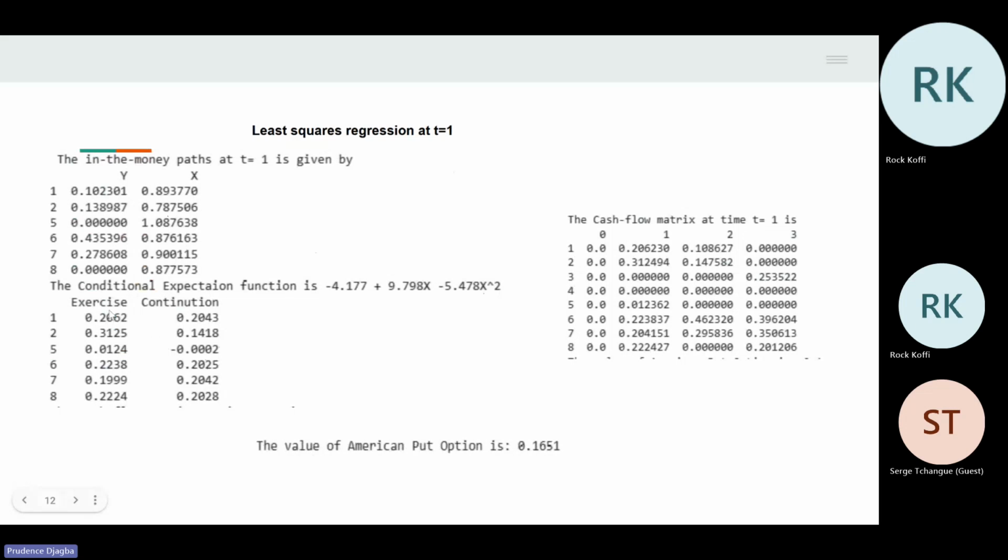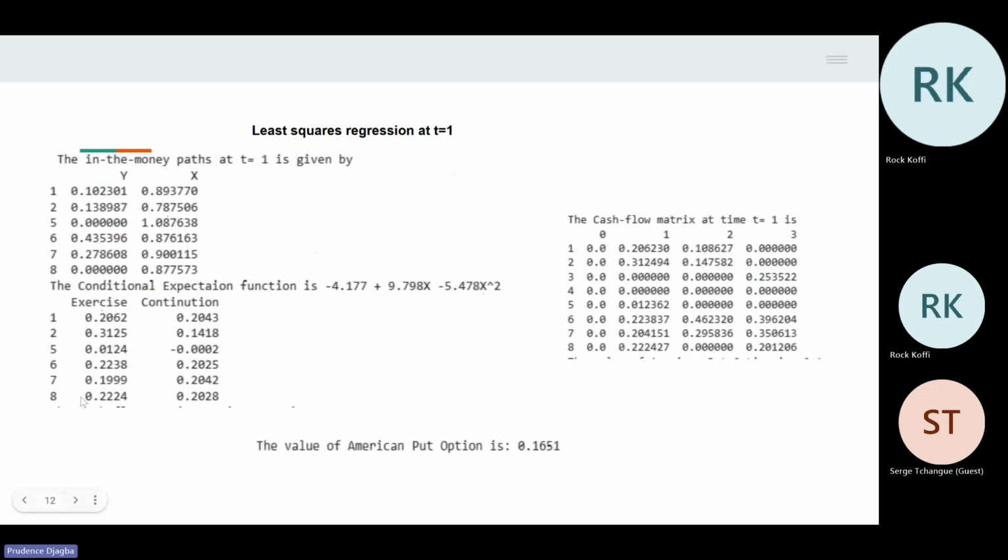And similar to previous, we evaluate the values by just plugging the x vector into this polynomial, and we get the continuation value. And the exercise payoff is just the difference K minus X. So we also need to check the values where the exercise payoff is greater than the continuation. And from here, we can see that 1, 2, 3, 6, and 8 satisfy the condition.